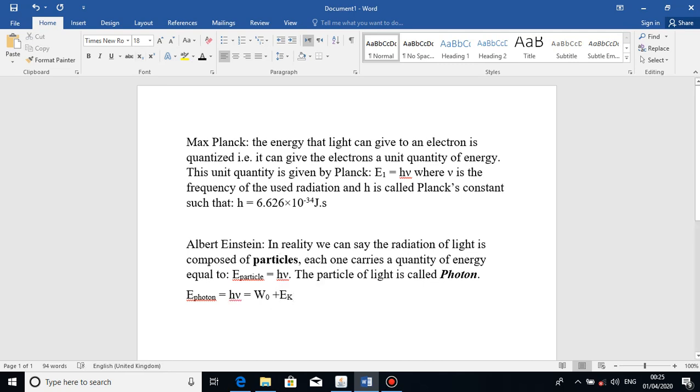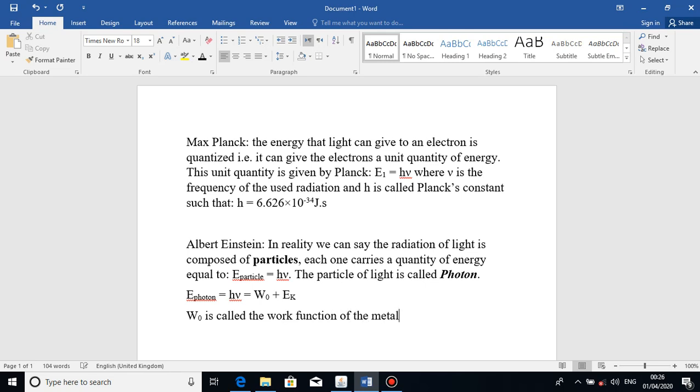So W0 is called work function, or the energy that bounds the electron to the surface of the metal.